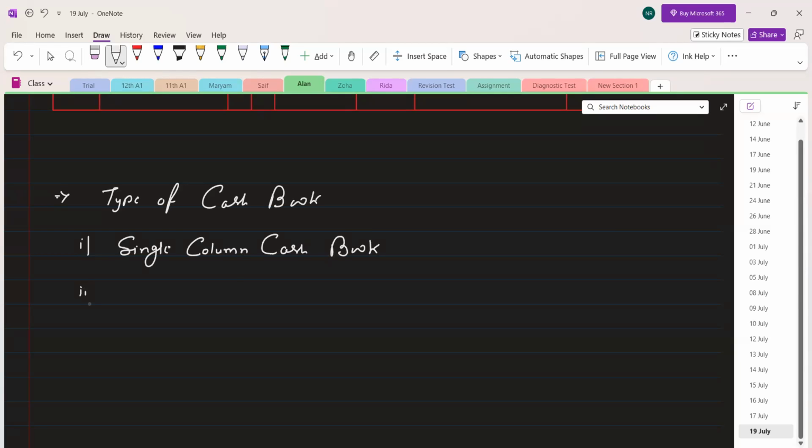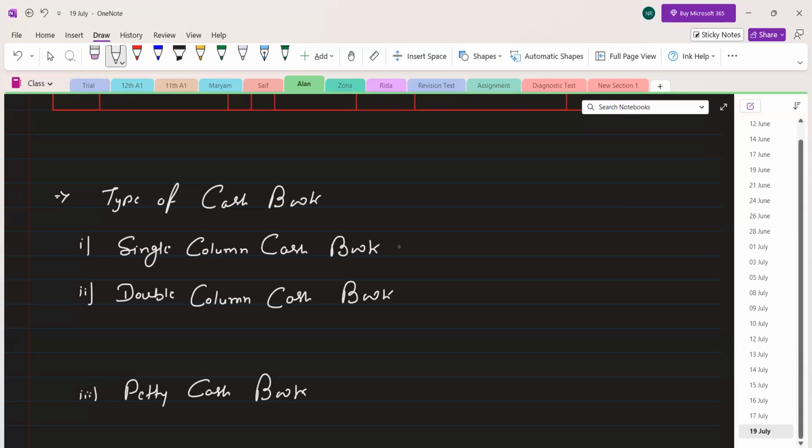The second is called double column cash book. And the third one is petty cash book.